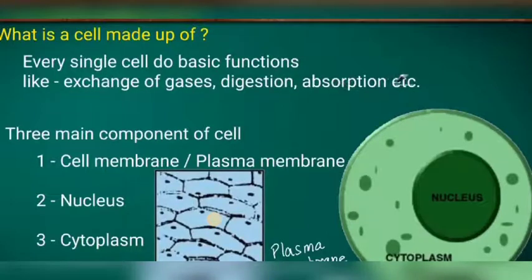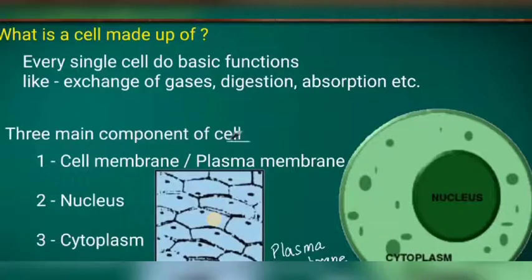Every single cell does the basic functions like exchange of gas, digestion, absorption, etc. Exchange of gas we already studied in the chapter on life processes, and digestion also, and absorption after the food is digested. It is absorbed by the small intestine. So all these organs are made up of cells only.